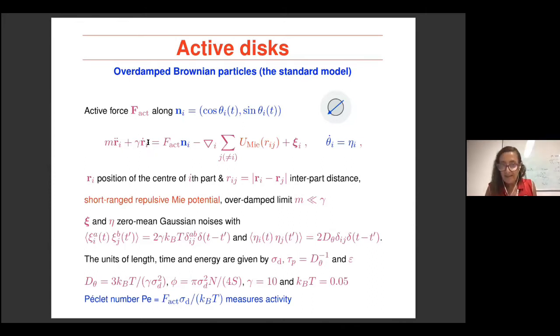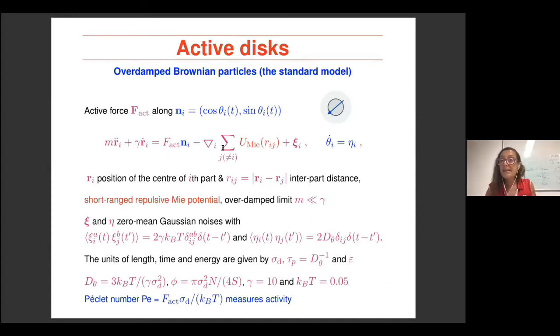You have some dissipation, friction, modeled in the simple way, so gamma velocity. Then you have an active force term, which acts along the special direction on the particle. So this vector n is telling you which is the special direction, but this special direction turns, as I said, and you will see it later. And F act is the strength of the active force.